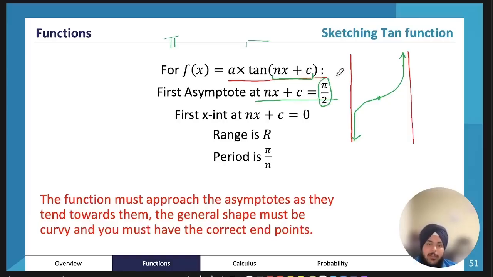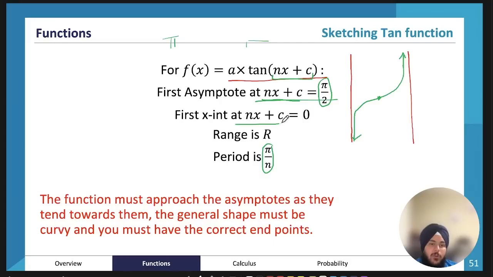By letting nx + c equal pi on 2, we're accounting for those transformations and finding the new asymptote. Once you find the first asymptote, the next asymptote is a period away, so you just add the periods. The period of a tan function is pi over n as opposed to 2 pi over n.